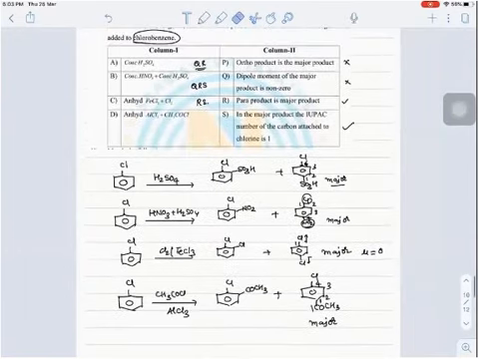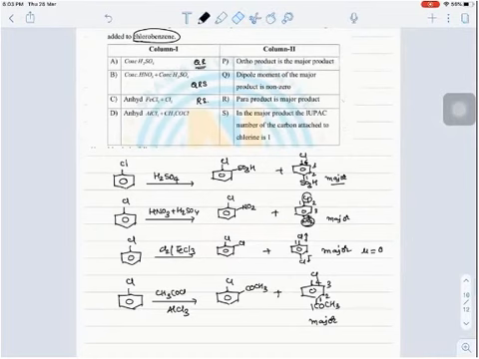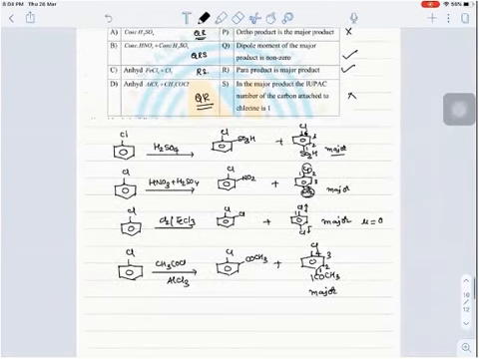Now if you check the options for D, ortho product is major. This is incorrect. Dipole moment of the major product is non-zero. This is correct, because different groups are there. Para product is the major product, correct. It is not 1-chloro, it is 4-chloro, so this is incorrect. So for the D option, again Q and R. Okay. Next.